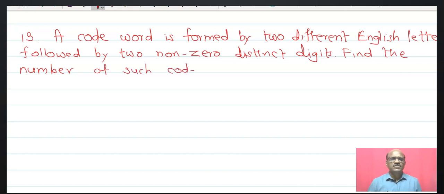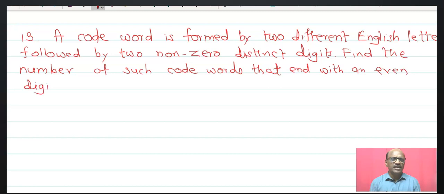That is, the first letters are from the English alphabet, and they are followed by the non-zero distinct digits. Find the number of such code words that end with an even digit.